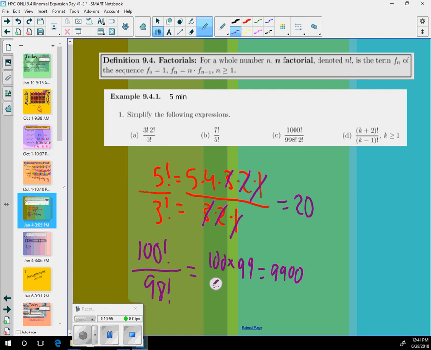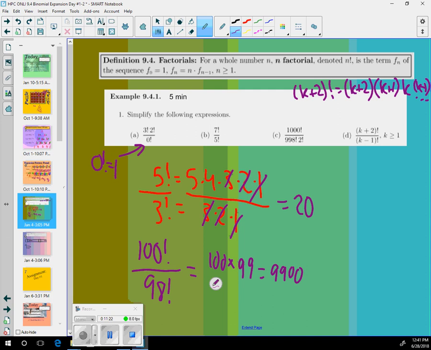0 factorial is equal to 1. So that's kind of strange. And then k plus 2 factorial, that's equal to k plus 2, then it's k plus 1, then it's k, then it's k minus 1, and it'll keep going forever.